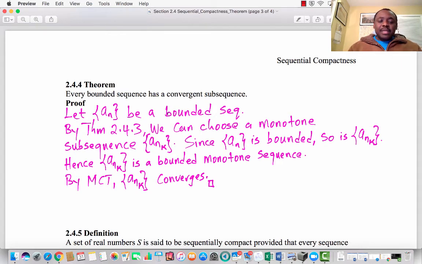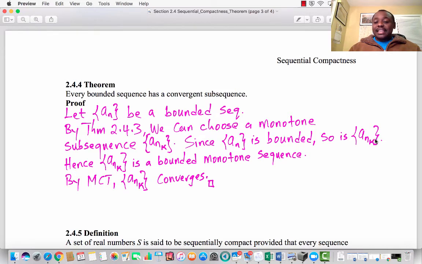Okay, let's go ahead with the proof. Let a_n be a bounded sequence. We have to prove that a_n has a subsequence a_{n_k} that is convergent. Now, by the theorem we just saw, Theorem 2.4.3, we can choose a monotone subsequence of our sequence a_n and call the monotone subsequence a_{n_k}. Now, if a_n is bounded, then it is expected that its subsequence a_{n_k} would also be bounded.